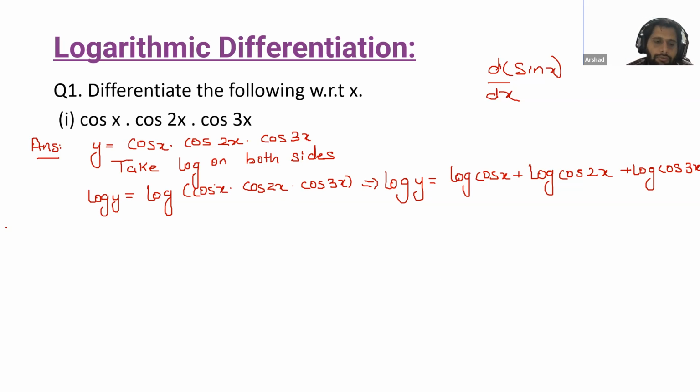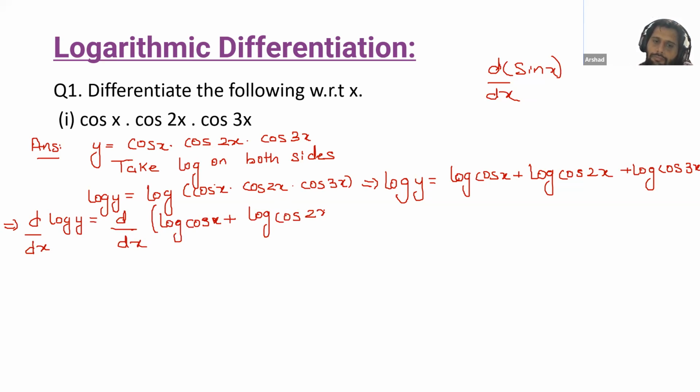Now what we will do, differentiate with respect to x. So we will write d by dx of log y is equal to d by dx of log cos x plus log cos 2x plus log cos 3x. Okay, Fahad, this question is for you.